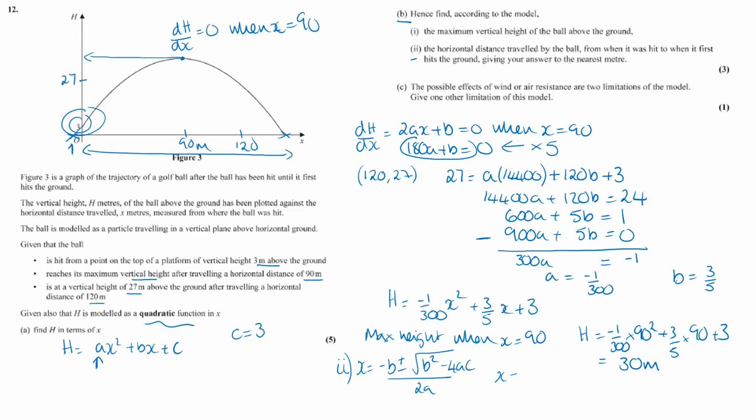So x is equal to -b, so that's -3/5 plus or minus the square root of 3/5 squared minus 4 times -1 over 300 times c, which is 3, all over -2 over 300.